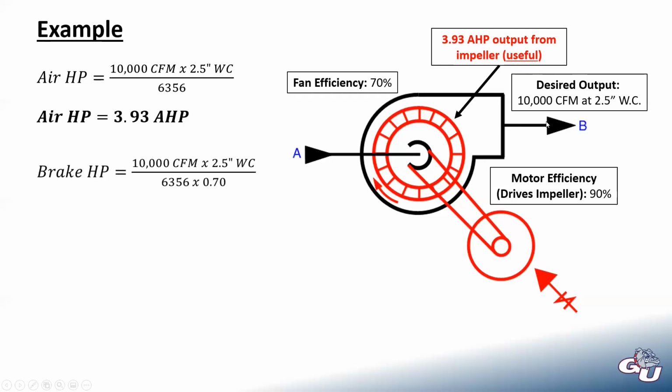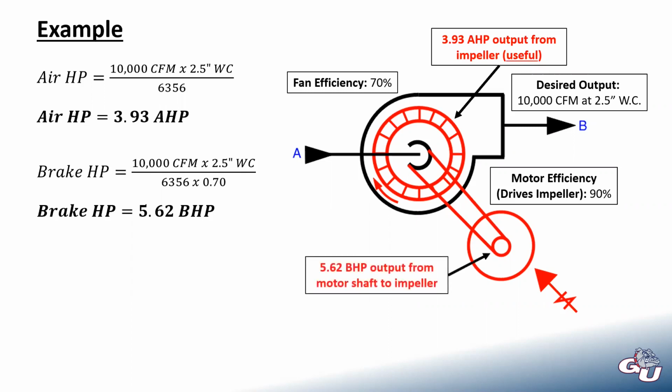But then if we want to figure out the brake horsepower, if we want to know, well, how much power does our motor shaft have to output? Now we factor in our fan efficiency of 70%. And so our motor shaft has to output 5.62 brake horsepower. So the motor shaft outputs 5.62, and then we get 3.93 out of it in the end.